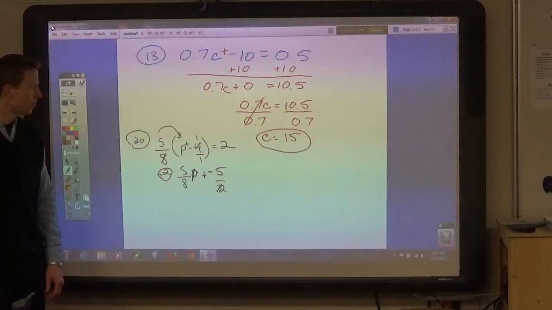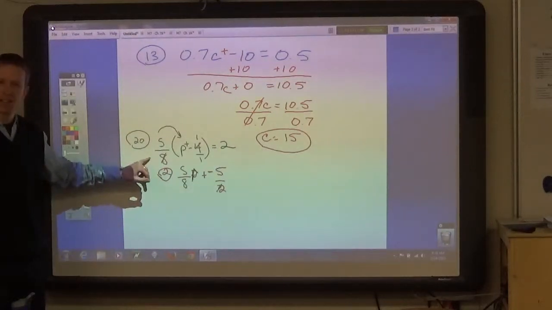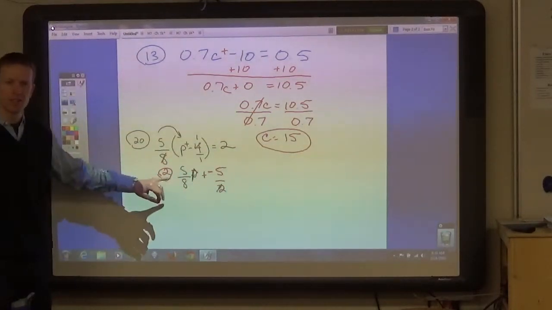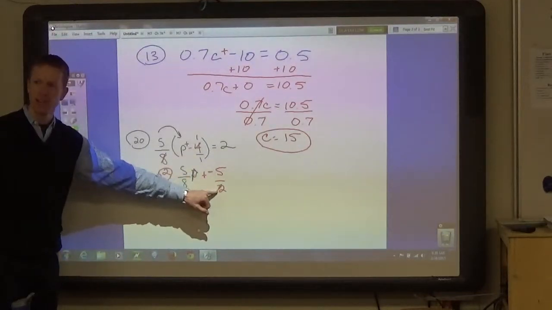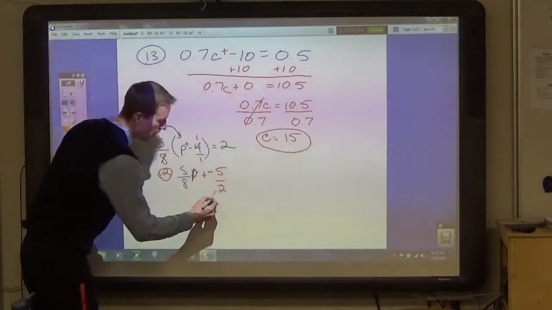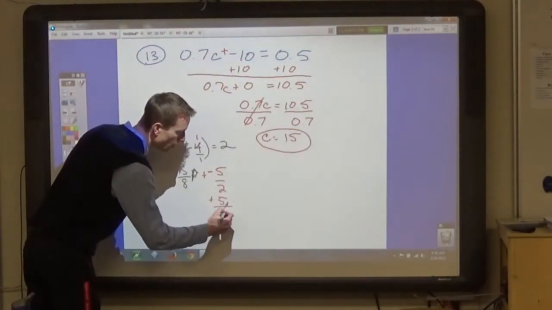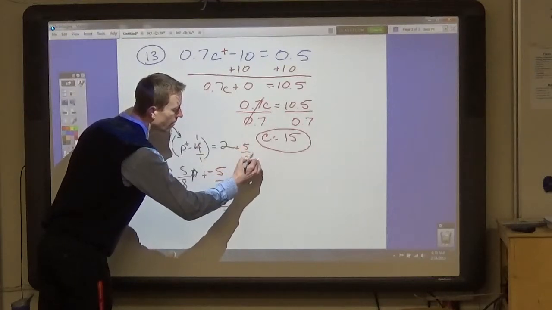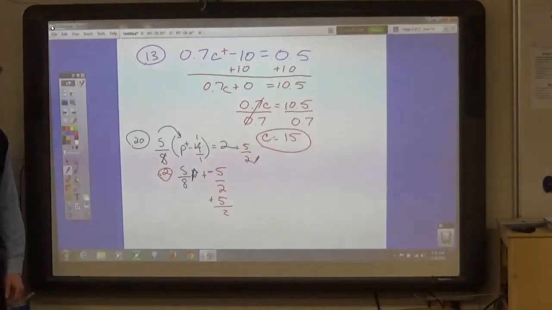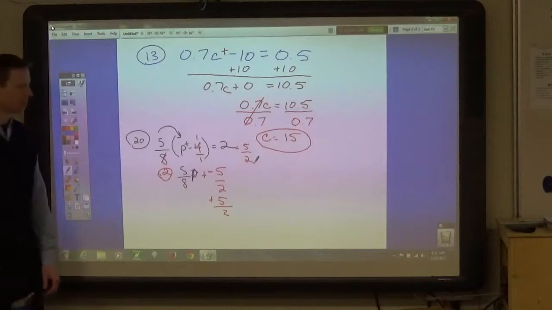Now, add what to both sides? Add 5 halves to both sides. So you have to add 5 halves to 2.